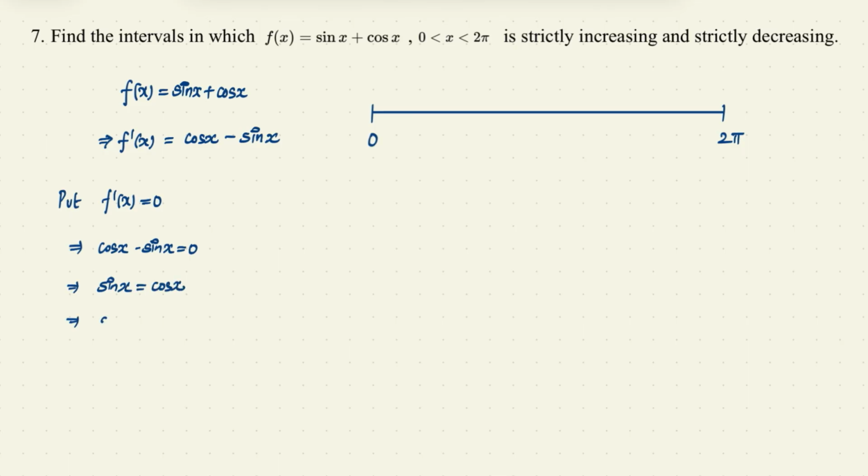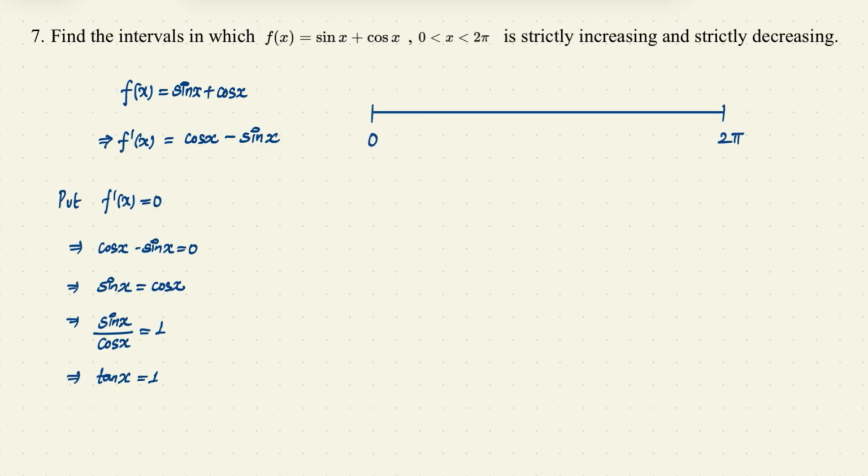Dividing both sides by cos x, I'll have sin x over cos x equals 1, and sin over cos is tan x equals 1. Now we have to find the values of x for which tan x will be equal to 1.